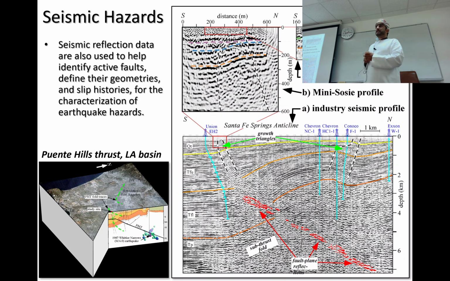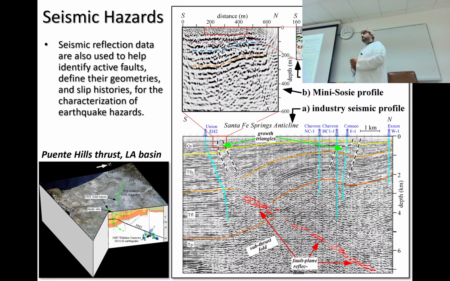We also use seismic data for risk assessment. In PDO, they are using another technique called microseismic to do risk analysis. For example, here, they kept injecting fluid deep into the ground for many purposes.